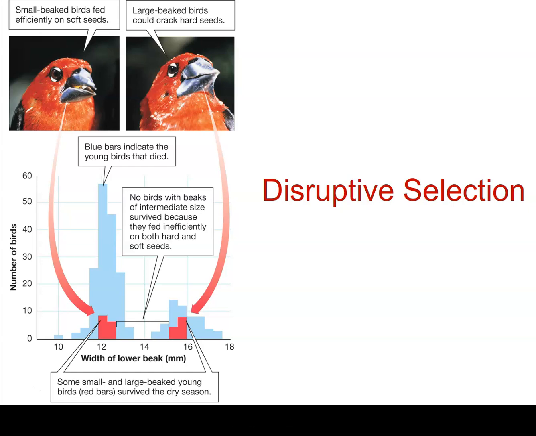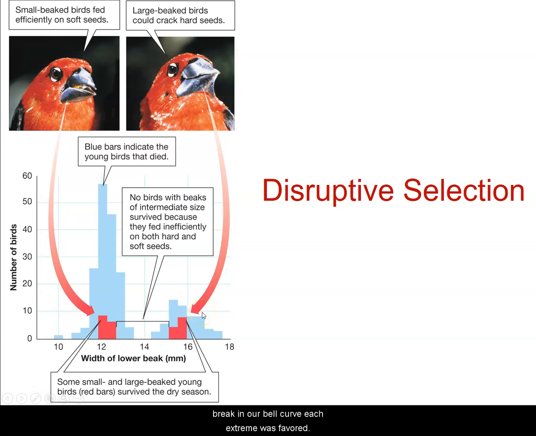Intermediate types of beaks were not favored in this case, as you only had plants giving large seeds or small seeds, but no intermediate amount of seeds. So birds that had intermediately sized beaks did not survive in the environment. Only those that could eat very small seeds or very large seeds survived. So you had a break in our bell curve.